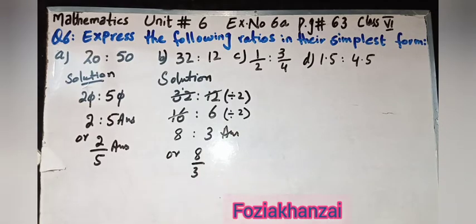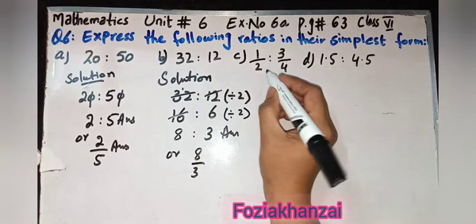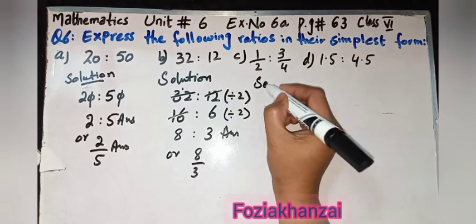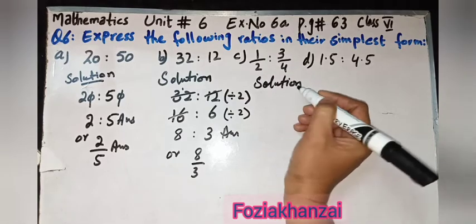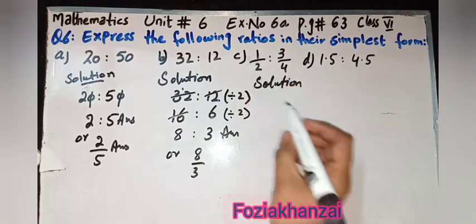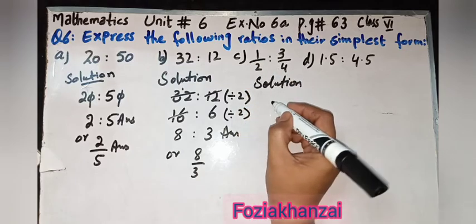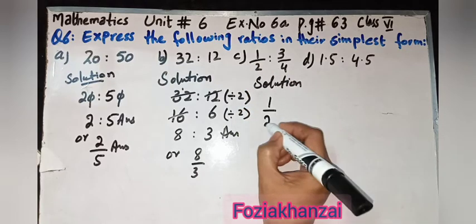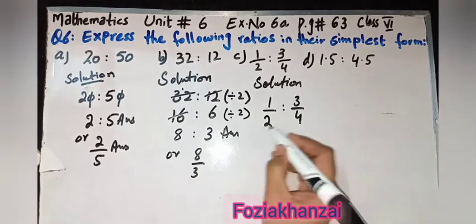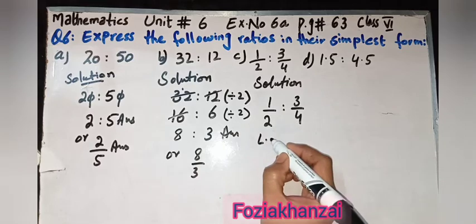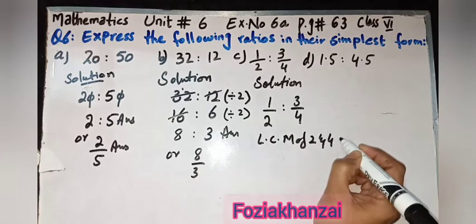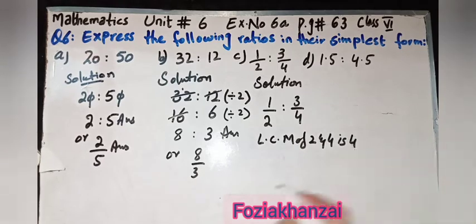Both are correct. Now part C, the question is given in fraction form. 1 upon 2 ratio 3 upon 4. So already I explained in example number 3, part E, and this part C, both are same. So first we copy the question. 1 upon 2 ratio 3 upon 4. Simple, take out the LCM of the denominators. LCM of 2 and 4 is 4. Clear?